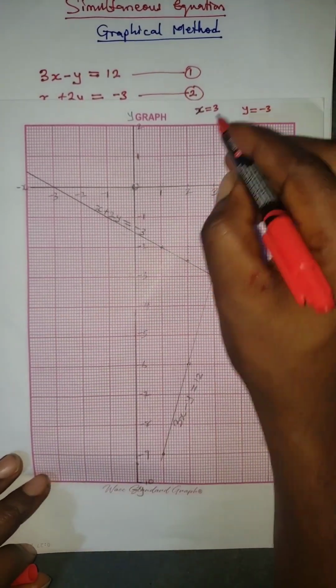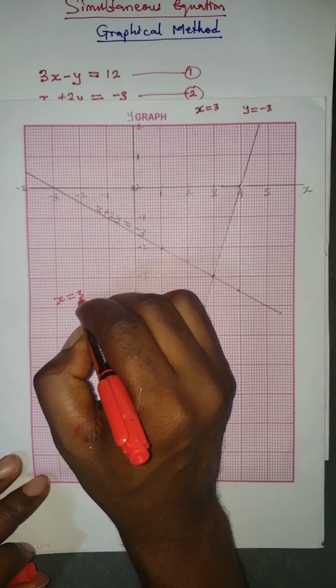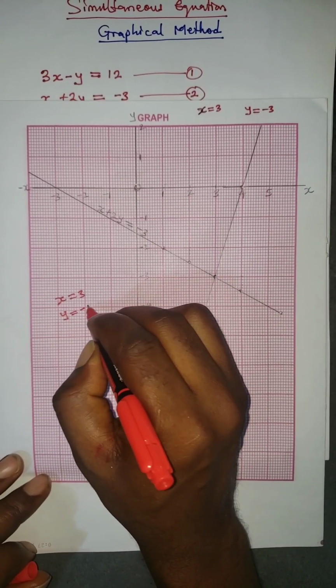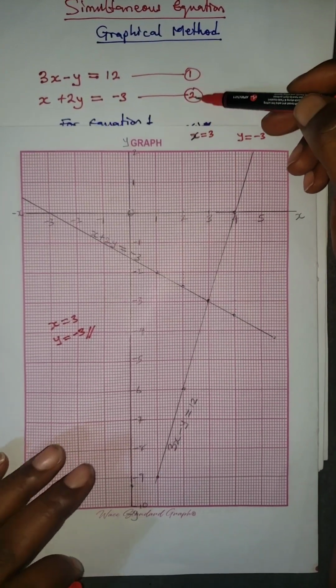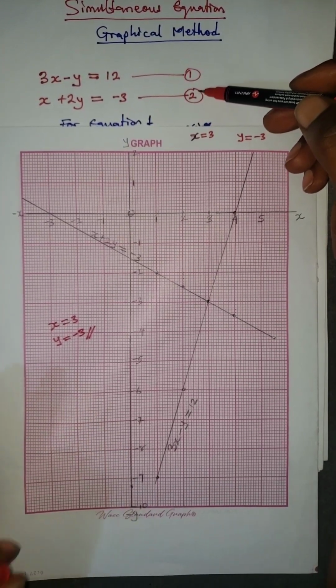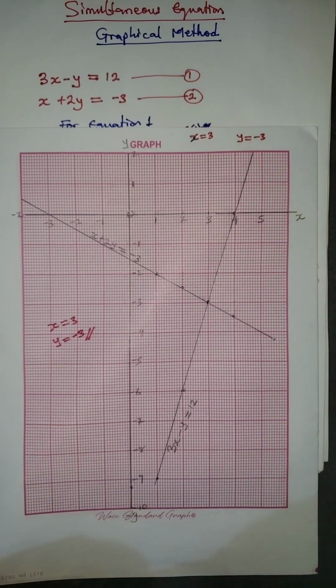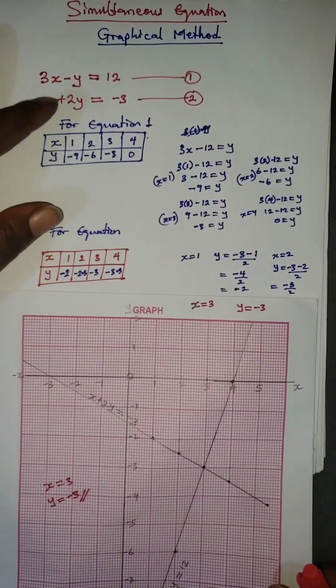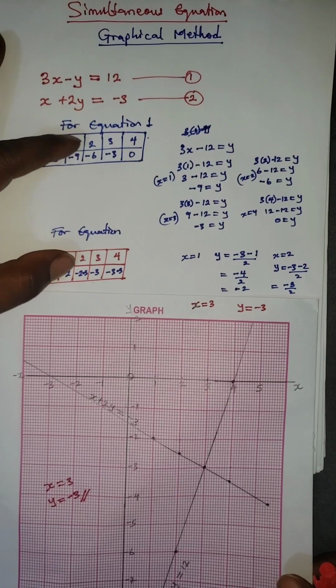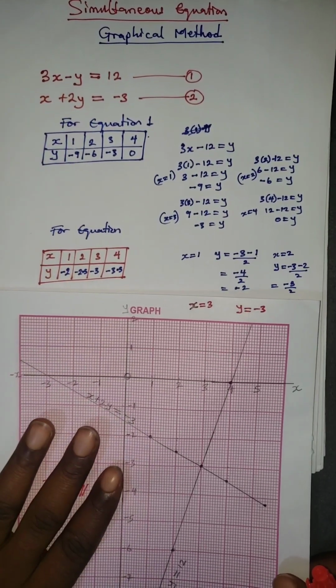So x equals 3 and y equals minus 3 is the solution to this simultaneous equation. You can see how we have used the creating of a table of values to solve this problem.